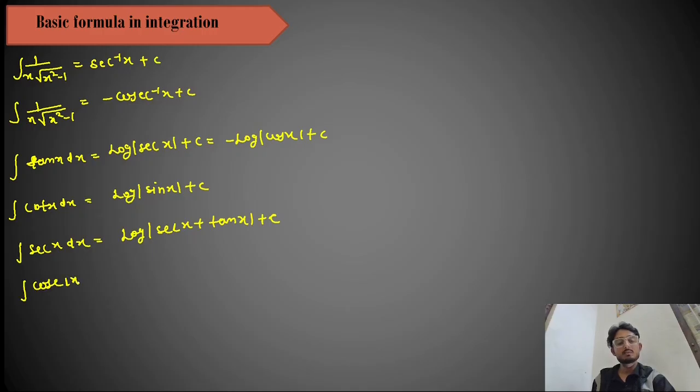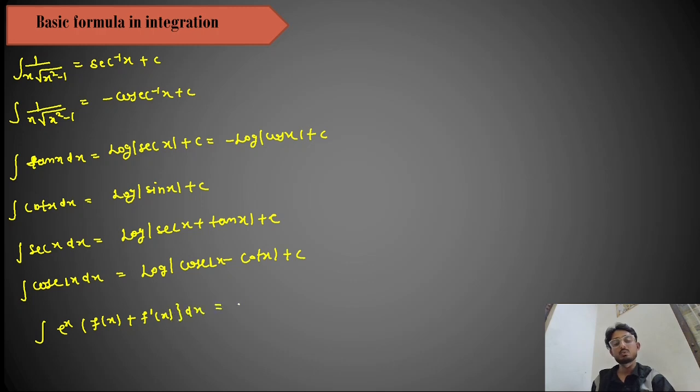Integral of cosec x dx equal to log cosec x minus cot x plus c, and integral of e raised to power x times f x plus f dash x dx equal to e raised to power x f x plus c.